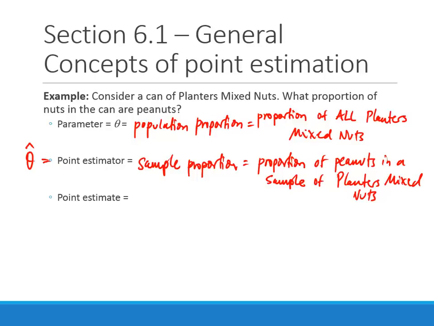So the key difference here is that the first thing I'm not actually going to calculate, right? I'm not going to look at the entire production line of Planters mixed nuts and figure out the proportion of peanuts there. But what I can do is take a sample and calculate the proportion there. That's the distinction. The population proportion, I don't know what that is, but I can calculate a sample proportion. That's something I can actually do. So that's my point estimator. Then the point estimate is, I take a particular sample and actually calculate the sample proportion.